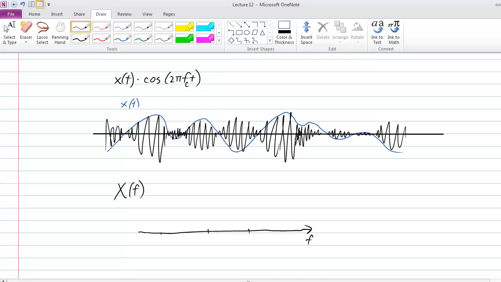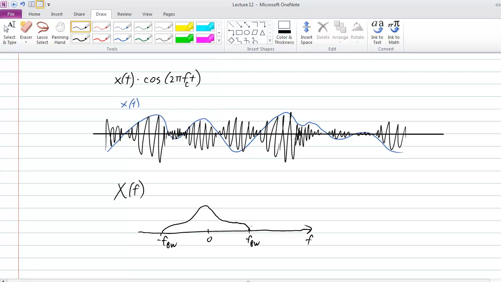So here's 0, and you have some f bandwidth and minus f bandwidth, and it looks something like this. And it's 0 everywhere else. Or suppose it's not 0 everywhere else, but you don't care about the stuff out here, so you first do a low-pass filter to get rid of it. Now you have it band limited.